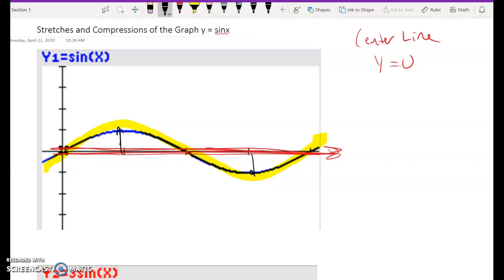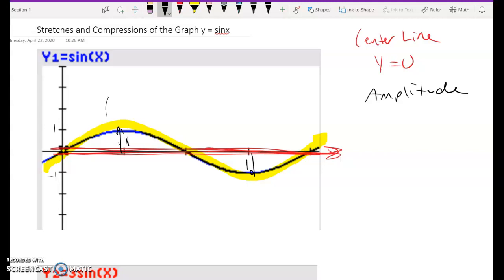So the amplitude is technically the distance that a sine or cosine function rises or drops from the center line. If the center line is y equals 0, it's going to rise up to 1, and it's going to drop down to negative 1.